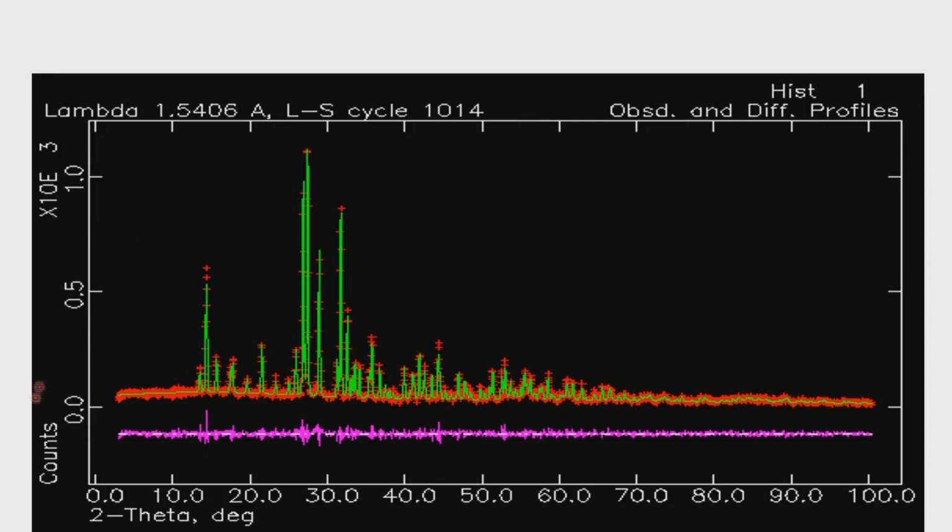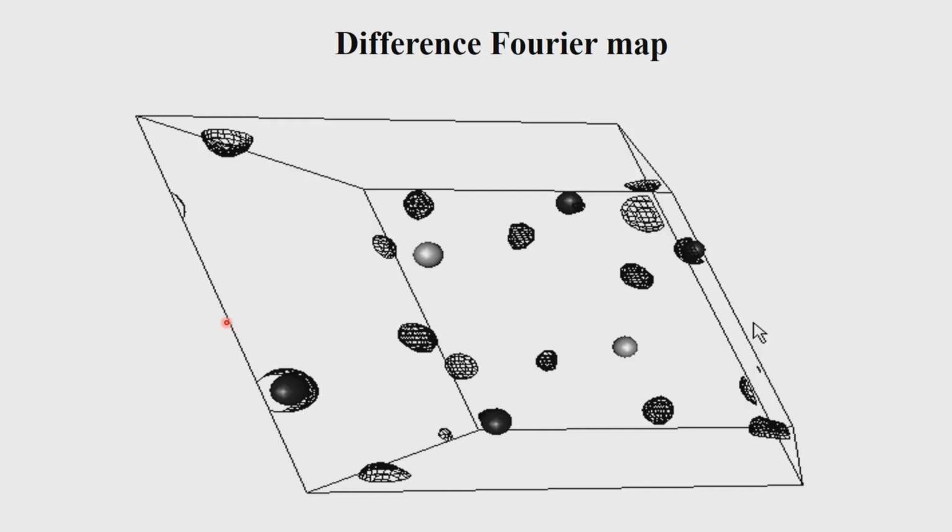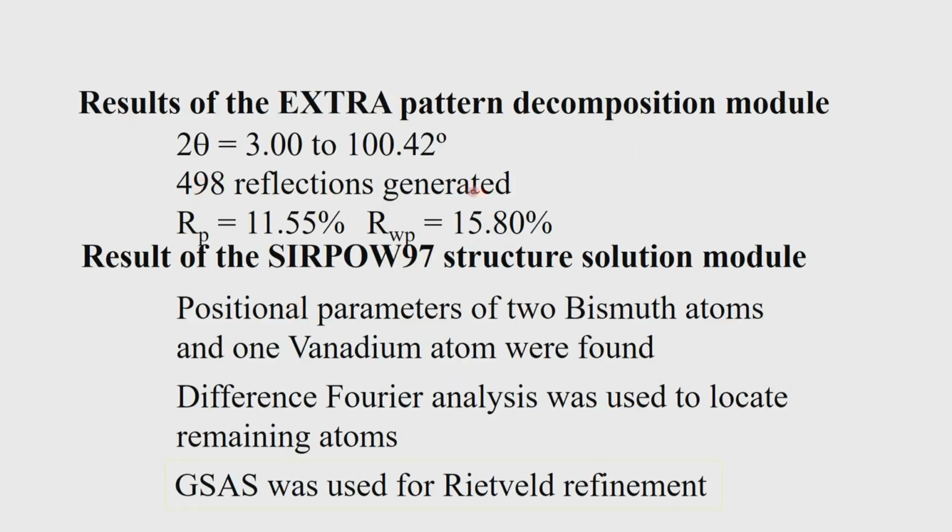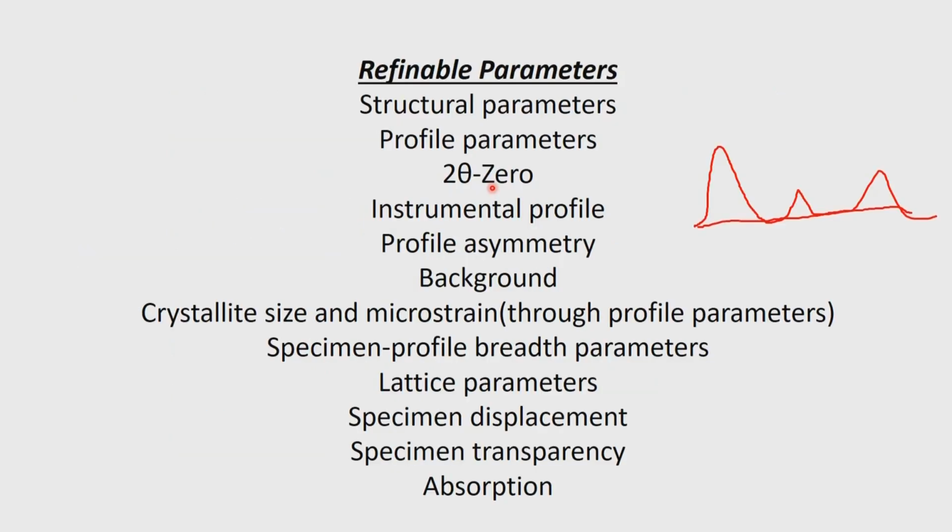Each and every reflection is assigned to the corresponding 2 theta value, and that particular 2 theta value is now considered a reflection, and the intensity is considered as a measurement. So, when we do that as an intensity measurement, we get the 498 reflections generated.